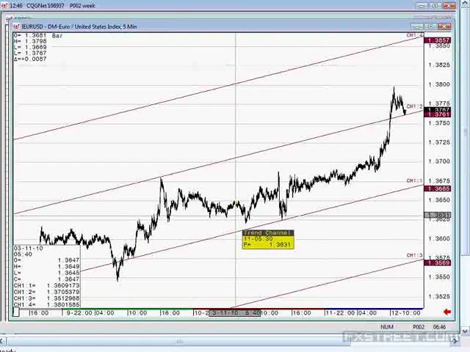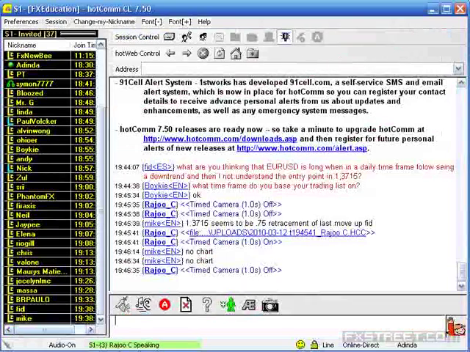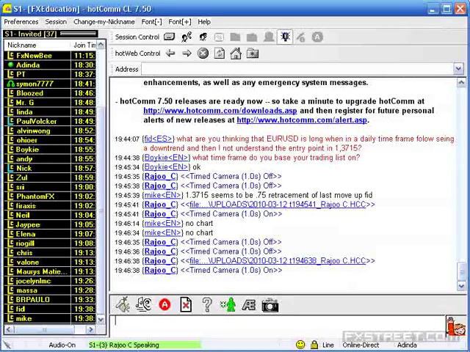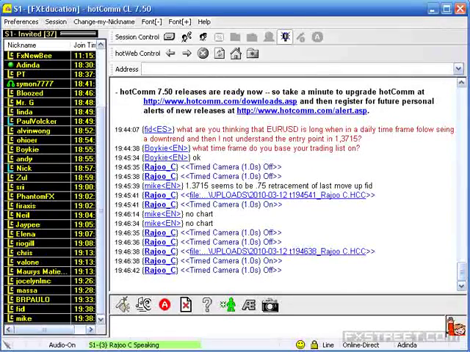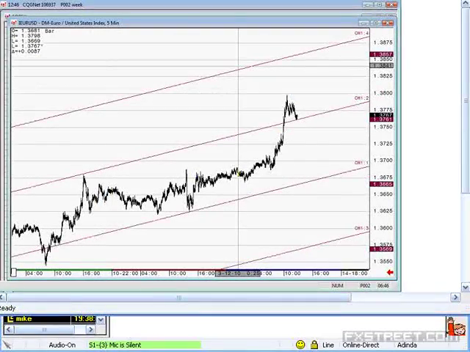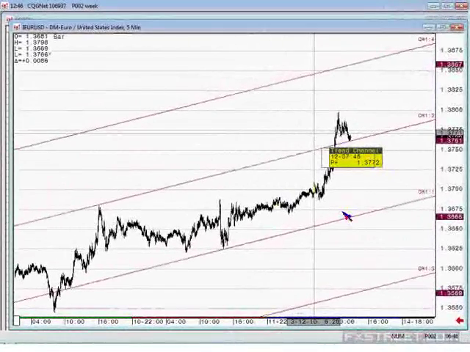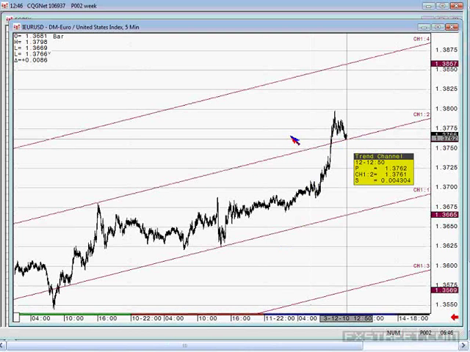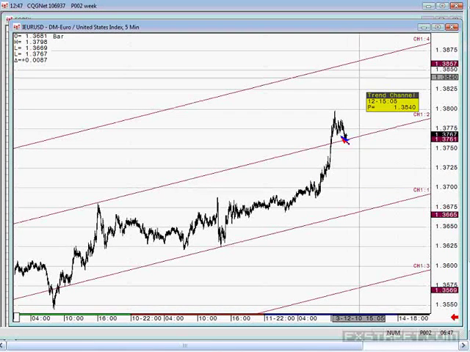Here, if you notice, right now the price is pulling back. Are you able to see my pointer? Right now the market is pulling back and testing the channel. If it holds, once it breaks, it goes higher.